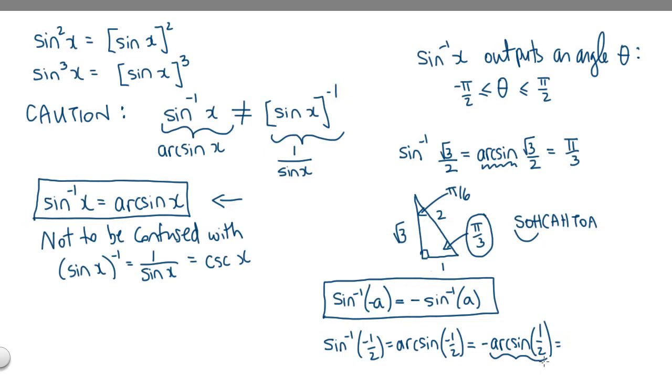So we want an angle that's going to have a sine value of 1/2. Pi over 6 would work, because opposite over hypotenuse for the angle pi over 6 will be 1/2. So we've got minus pi over 6 for our angle.